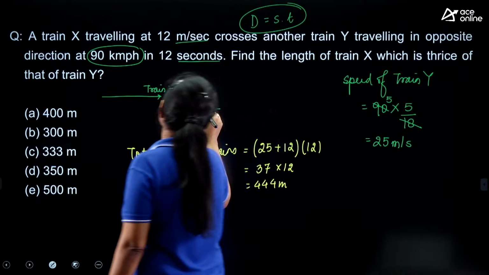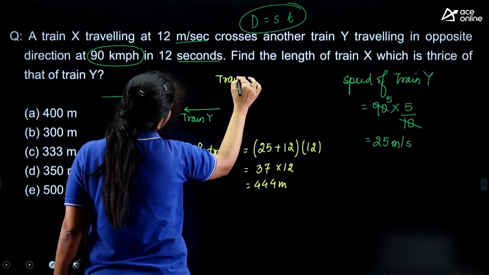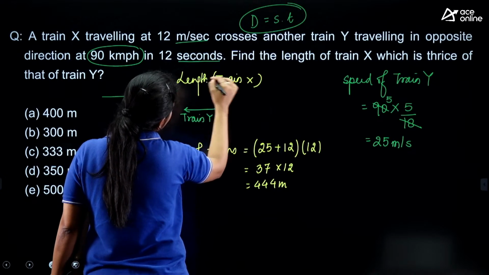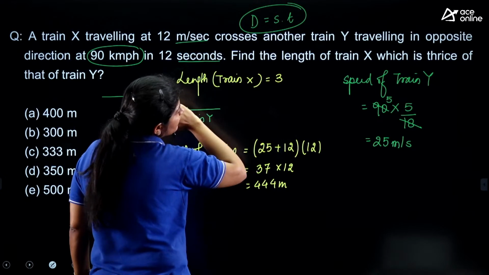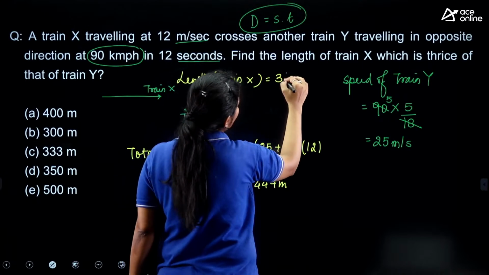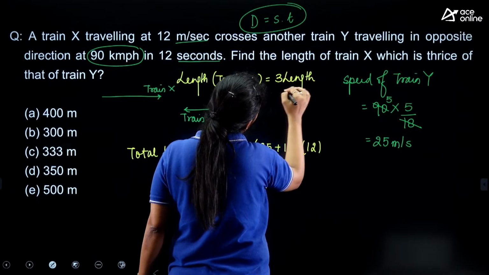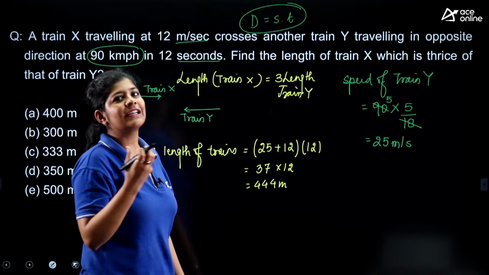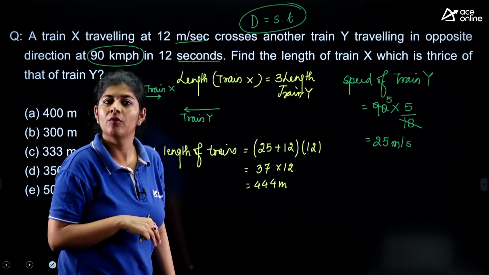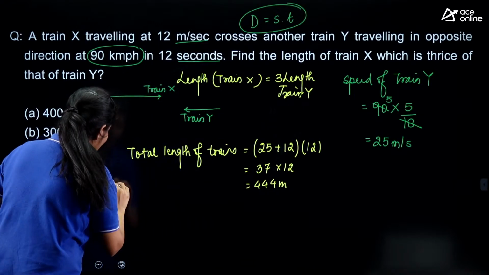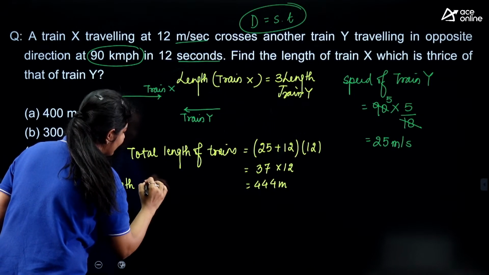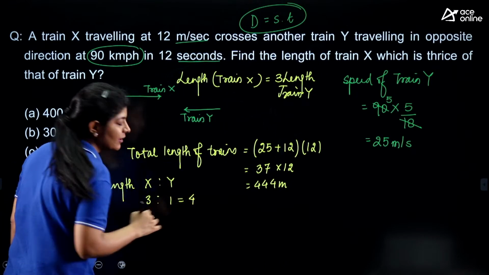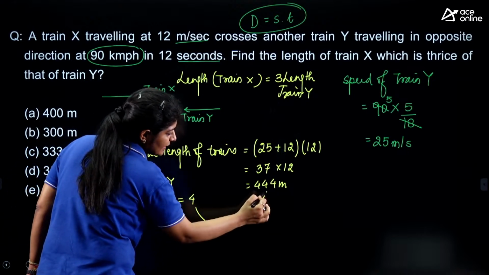But the question is saying that the length of train X is thrice the length of train Y. That means the length ratio of X to Y is 3:1. So the total length is 4 parts, but it is not 4, it is 444.